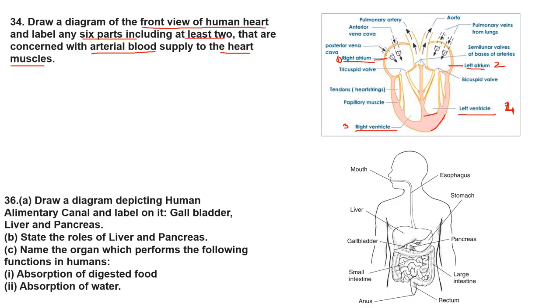Because when there is a ventricular systole, the blood from the left ventricle goes to the aorta, and from the aorta it is supplied to the whole body, right? So that is why more pressure is required on this part of the heart.